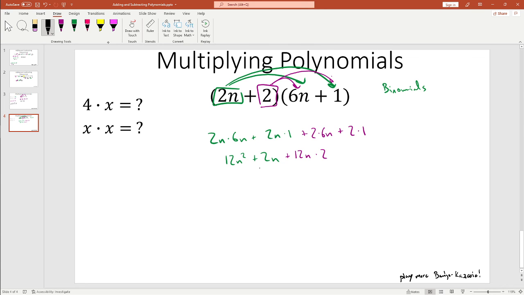And here, it looks like I can combine some like terms to get my final polynomial of 12n squared plus 14n. Oh, this should be plus 2. Oops, this should be plus 2. Very cool.